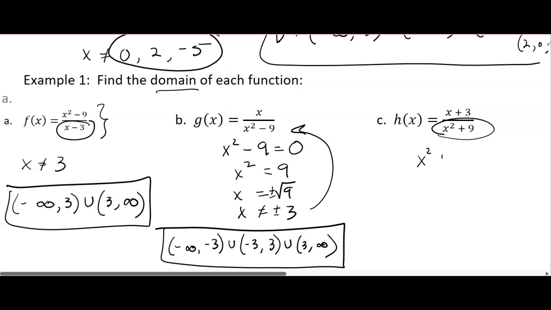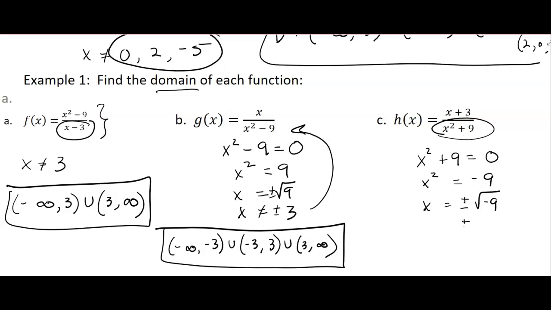Well, you could do the same type of thing. You could say, when does that equal 0? And you could subtract the 9. You could take the square root of both sides. But see, it's negative 9 this time, and so that means you're getting plus or minus 3i. That is not real, okay?